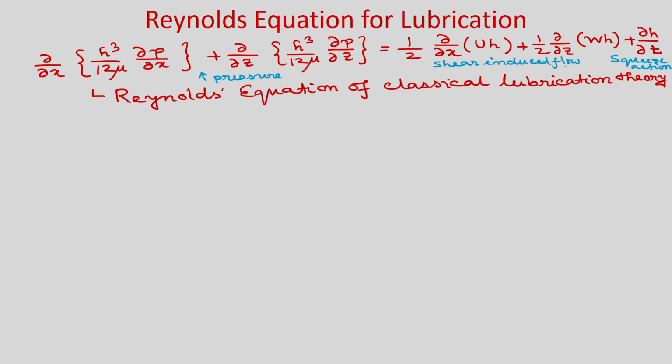Right hand side terms are treated as the source term when solving for the pressure distribution. We have written two terms on the right hand side as del of del x UH and del of del z WH. If there are stretching terms, like in rubber, u and w may not be constant.